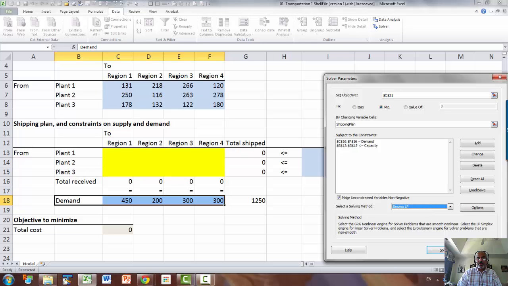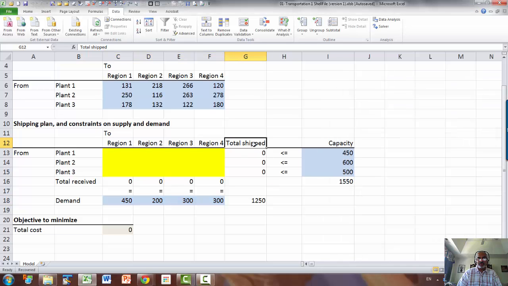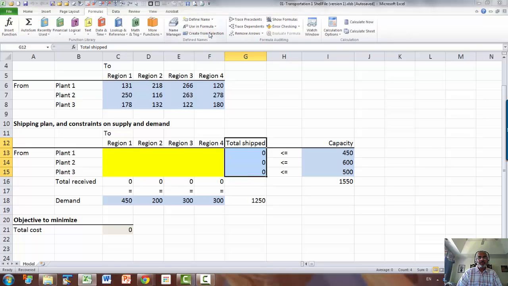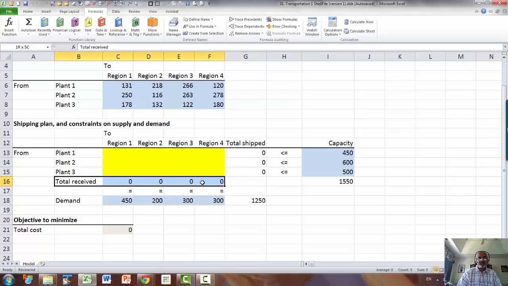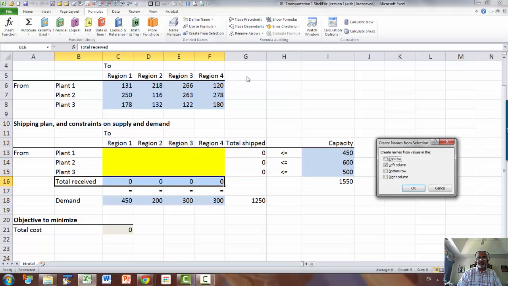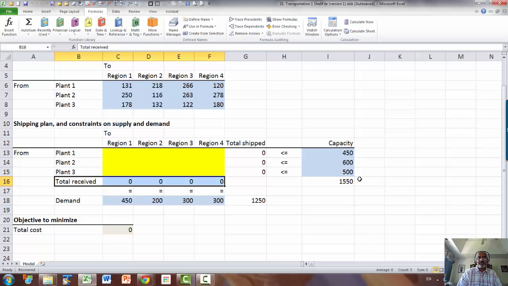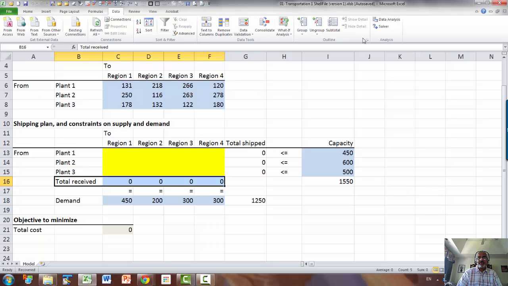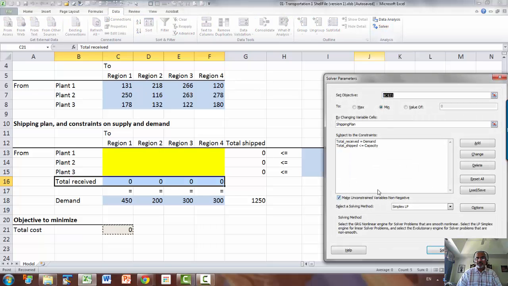Let's go back and name these two. That should be total shipped. This is total received. Now we'll go back into solver, and we have the constraints and the objective function.